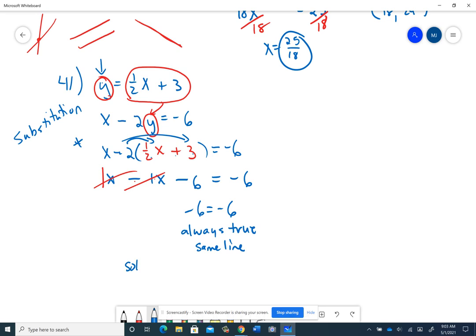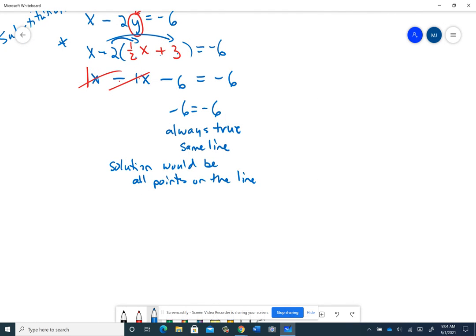So the solution would be all points on the line. Okay, now the way we normally see it or say it, I'll take all points on the line. You can't just write -6 equals -6. I will take all points on the line, or if you say infinitely many solutions.